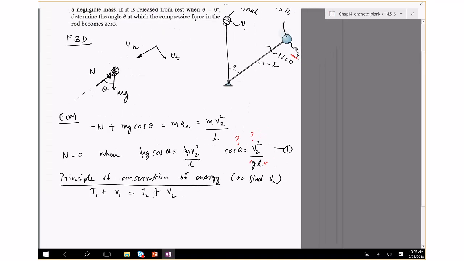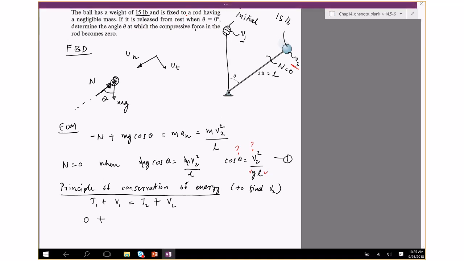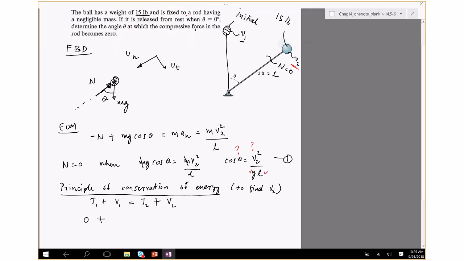Okay, the pendulum starts with a 0 speed, so T1 is 0. There's no spring, there's only gravity, so we need to find potential due to gravity, but potential due to gravity can only be found if you have a datum. So you've got to choose a datum. Now, as I said, you have two choices. Well, you have lots of choices, but two choices make sense.